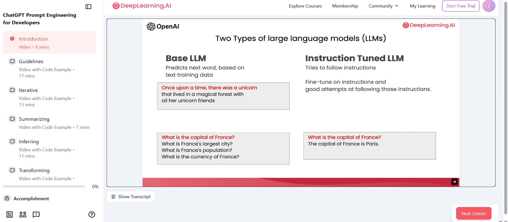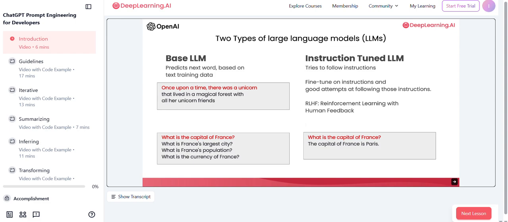So the way that instruction-tuned LLMs are typically trained is you start off with a base LLM that's been trained on a huge amount of text data and further train it, further fine-tune it with inputs and outputs that are instructions and good attempts to follow those instructions, and then often further refine using a technique called RLHF, reinforcement learning from human feedback, to make the system better able to be helpful and follow instructions.